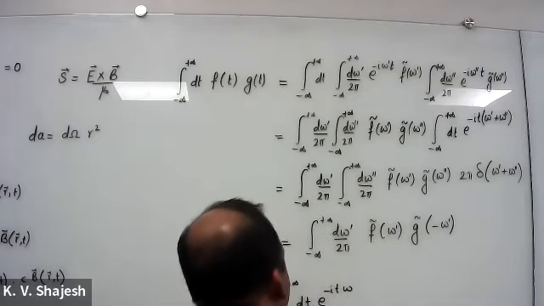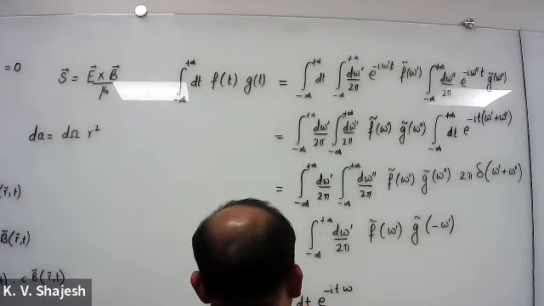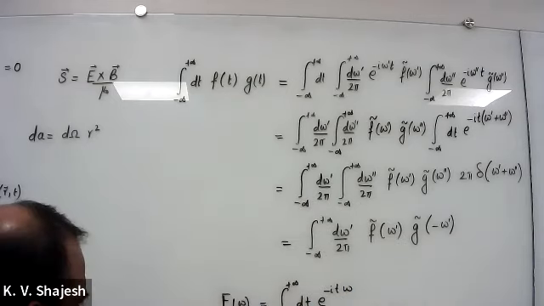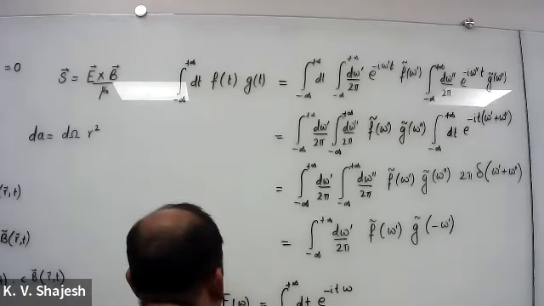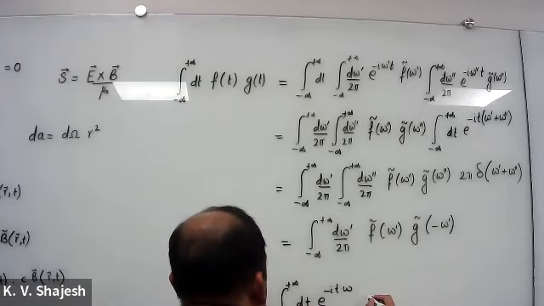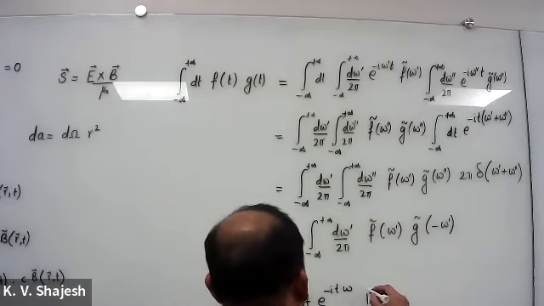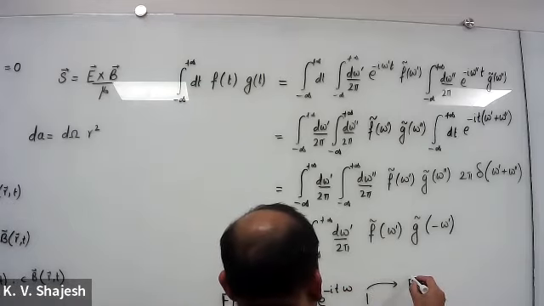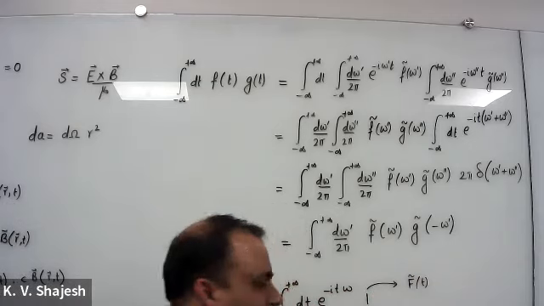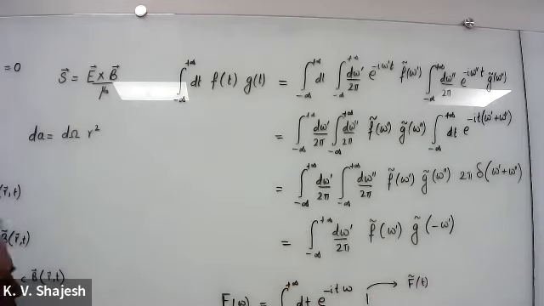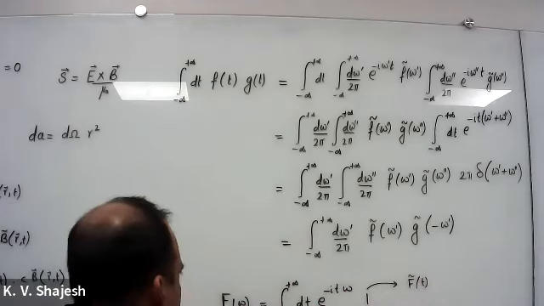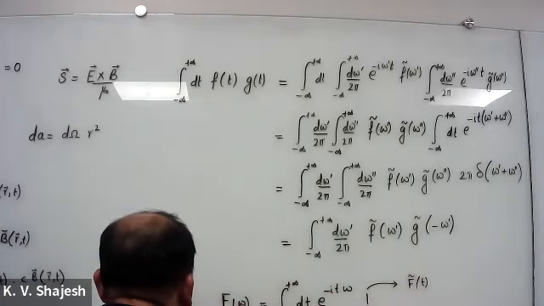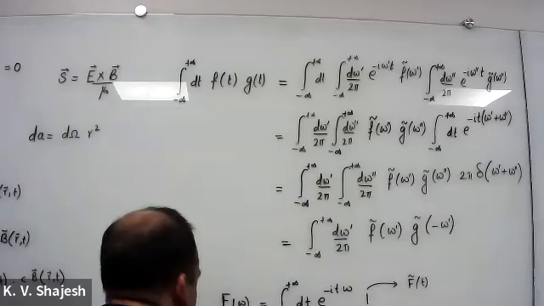You can say this is the definition of a Fourier transform, correct? Think of it as a Fourier transform. If this is taken as a Fourier transform, think of this as 1, and this is nothing but f tilde of t. So the Fourier transform of f of omega is actually 1, which means f tilde of t is equal to 1.